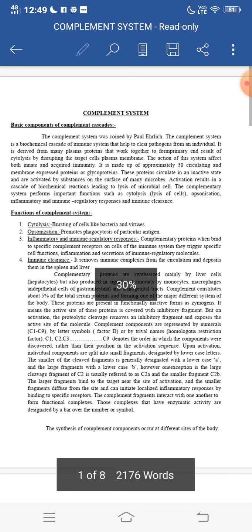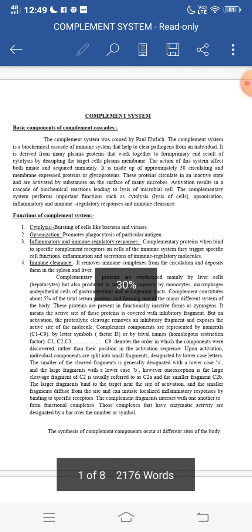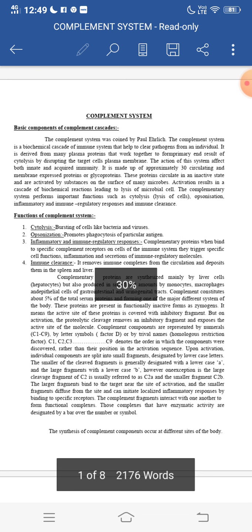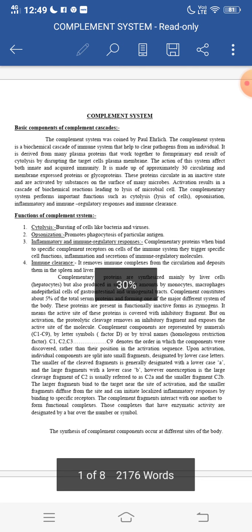So the complement set of proteins will bring about the breakdown or lysis of the microbial cell, the antigen or pathogen which has entered the host body.